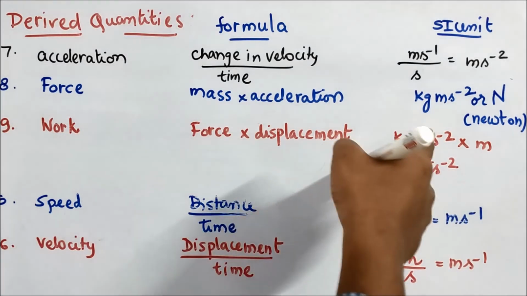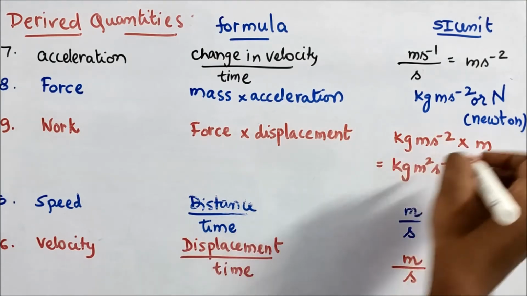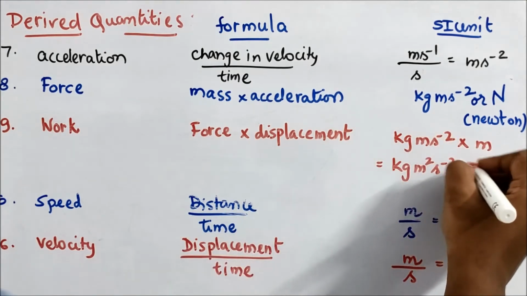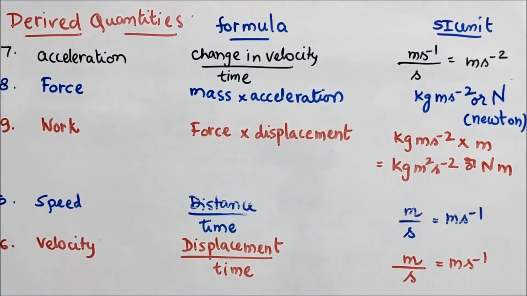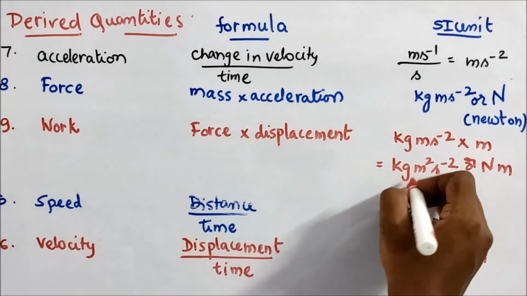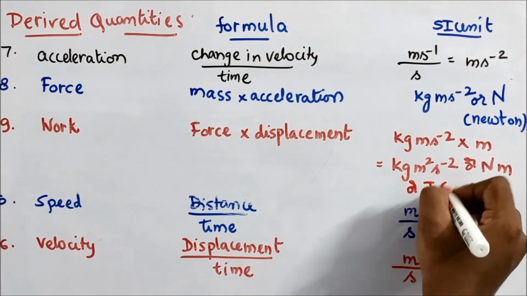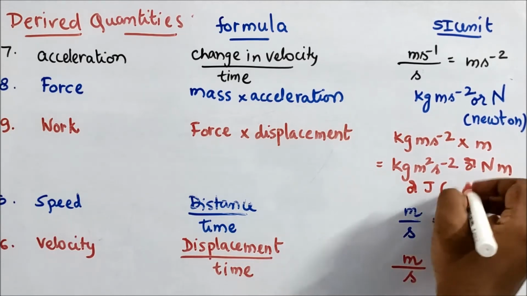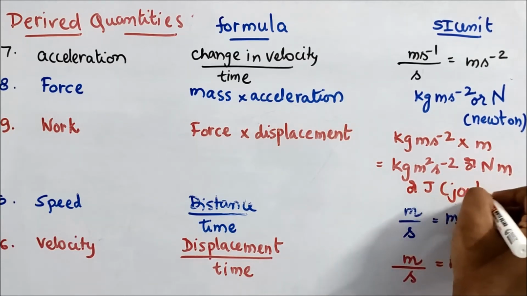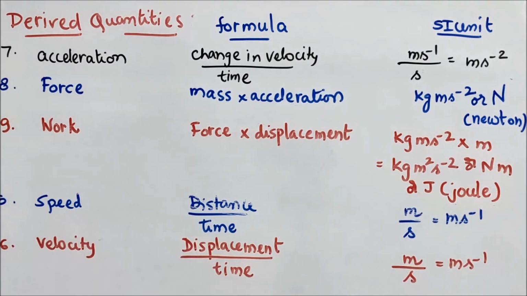Or if you write kg meter per second square as Newton, then Newton into meter, the unit becomes Newton meter. This unit, kg meter square per second square or Newton meter, is given a new name, Joule, again named after a scientist. So J should be capital.